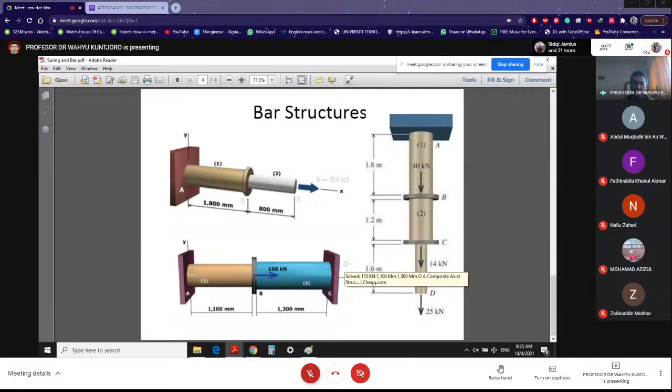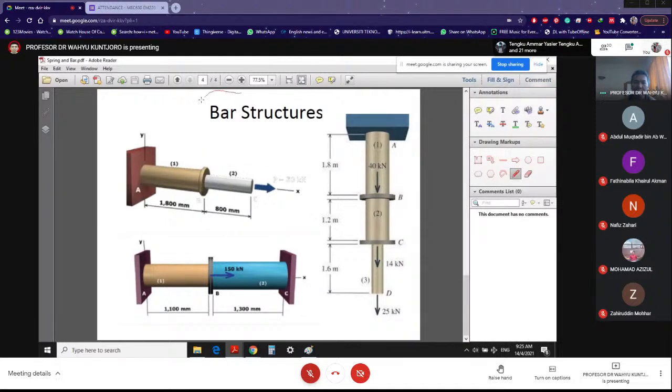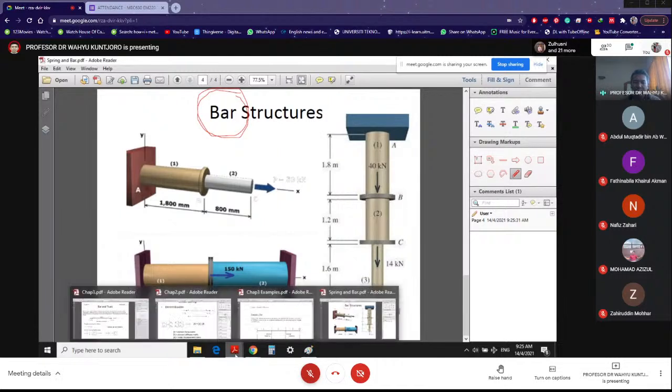That means it is axial structure. If you see this kind of problem, then the element that you are going to use is going to be bar element. Right? Now that's what we want to learn: element equation of bar.